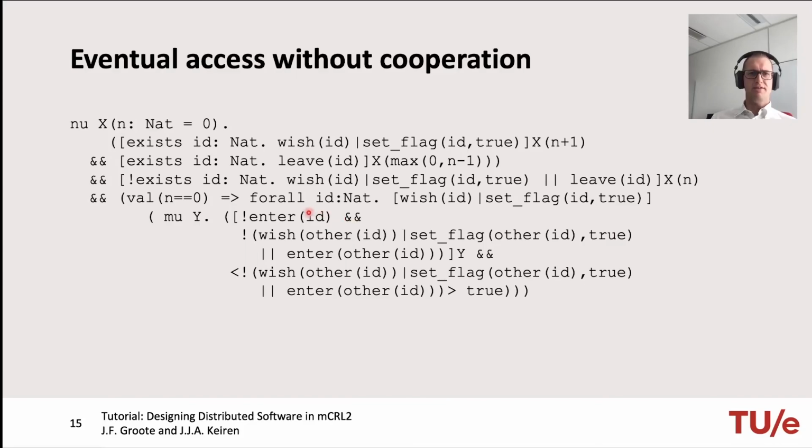So that means here that we should be able to do an enter action without seeing a wish to enter the critical section or an enter into the critical section of the other process. This is, in essence, an adaptation of the eventual access property.